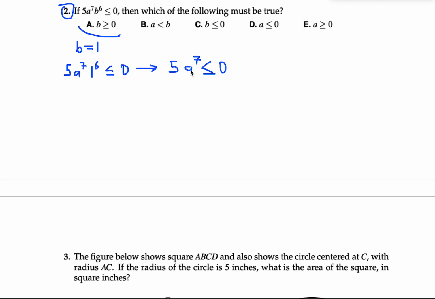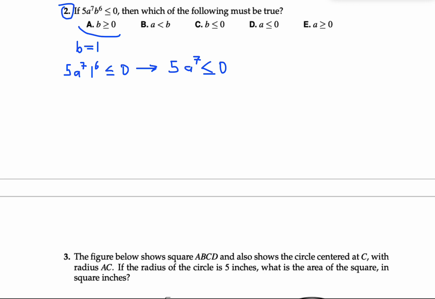If a turns out to be positive 1, then this would not be true, because the equation simplifies to 5 is less than or equal to 0, which would just be untrue. So since we don't know what the value of a is, option A cannot be our answer.